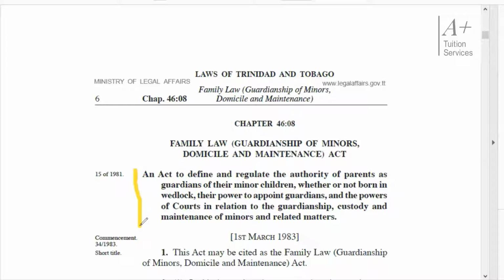So this is an act really to define how children are treated, from the time a child is born, parents have to own up to their responsibility.